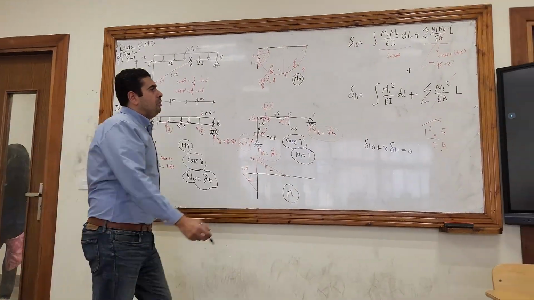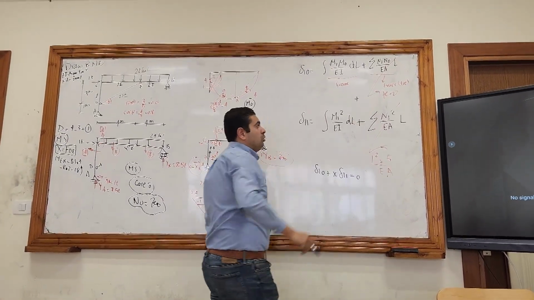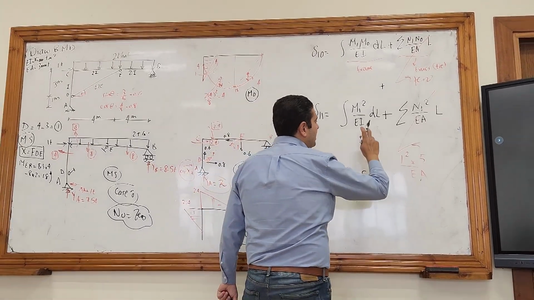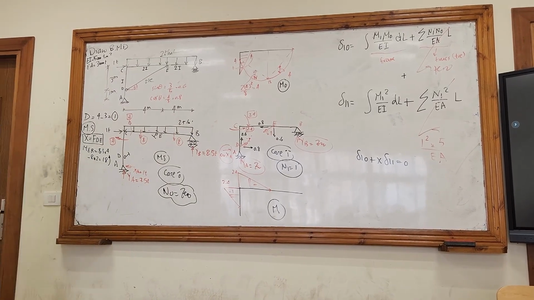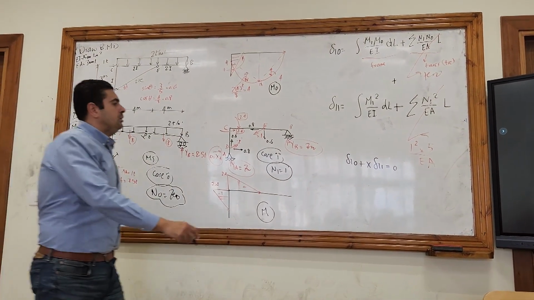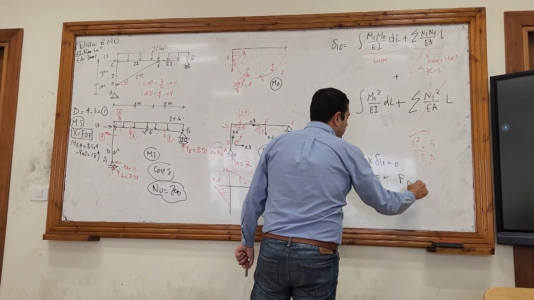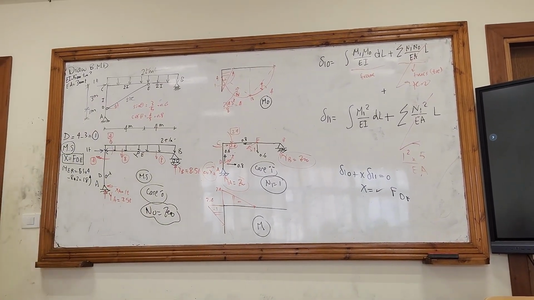No, take care now. Delta 1 node is only EI because the second term was 0, but delta 1,1 has both of them, has EI and has EA. Okay? And from here you can calculate X, which is the force in the tie DE, and then you can draw the bending moment.